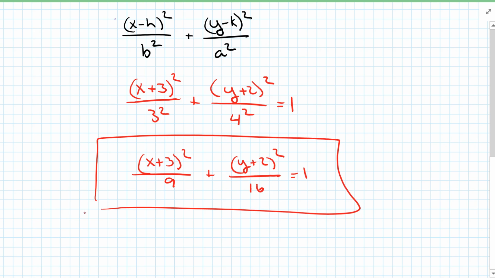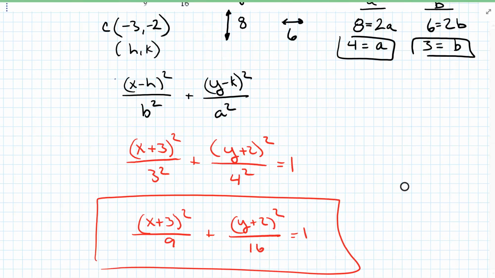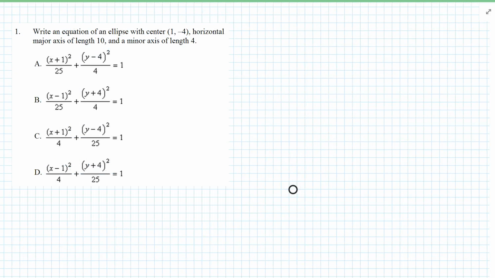So there we go. We've written the equation for an ellipse that has a center of -3, -2 with a vertical axis of 8 and a horizontal width of 6. Study that, make sure you know how to do that one. Okay, let's go on to the next one.